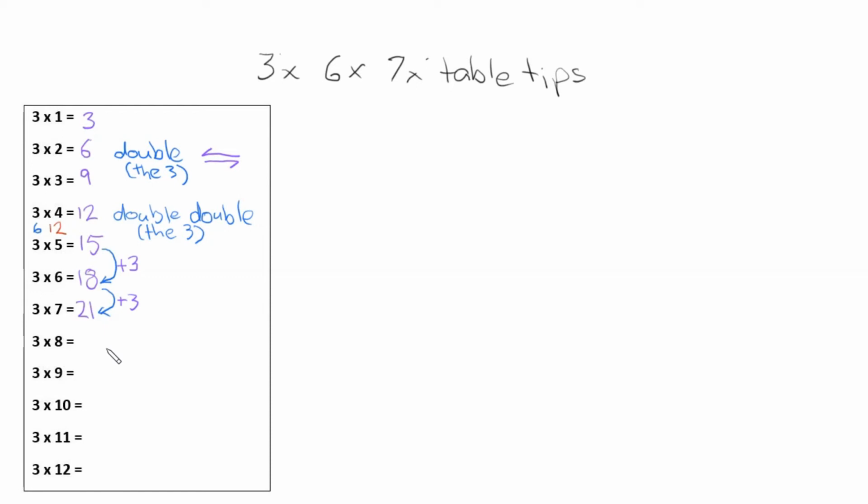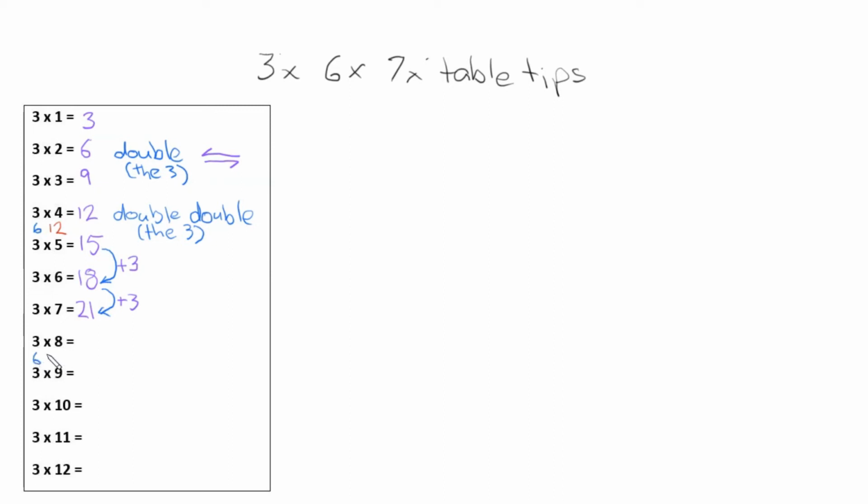3 times 8. Well, here is the double, double, double trick when you refer to my previous videos. And the double, double, double means you double the 3 first, because we have to flip it and pretend we're doing our 8 times table trick, if you can remember that. So you start with what is being multiplied by the 8. Double 3 is 6.